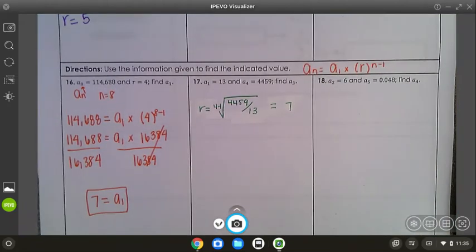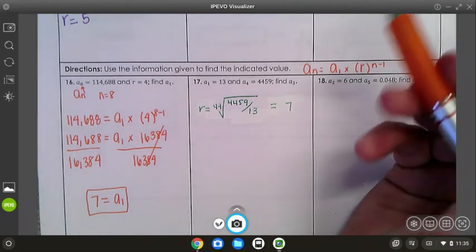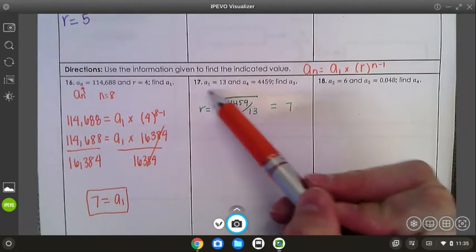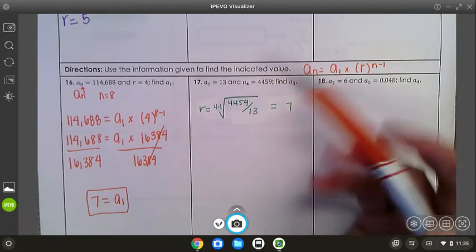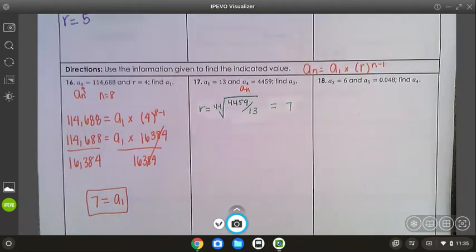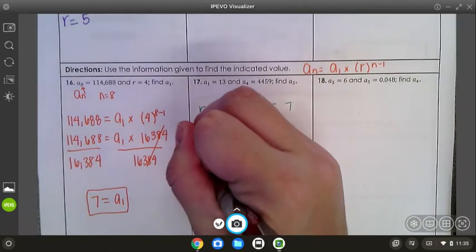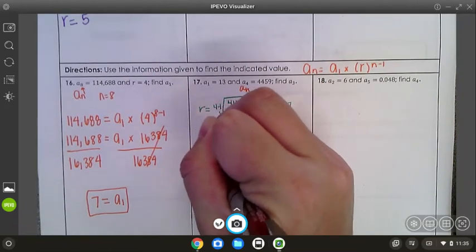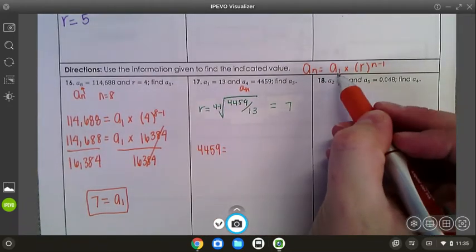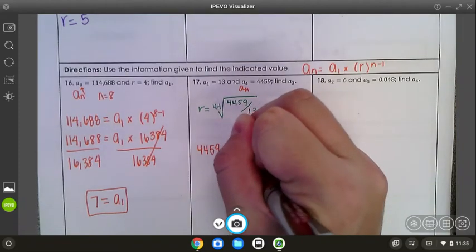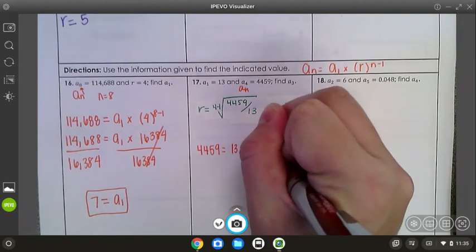So my R is 7. Okay. So AN, we don't really want to use A1. We can let this be our AN. So 4,459 equals A1 is 13 times my R is 7.